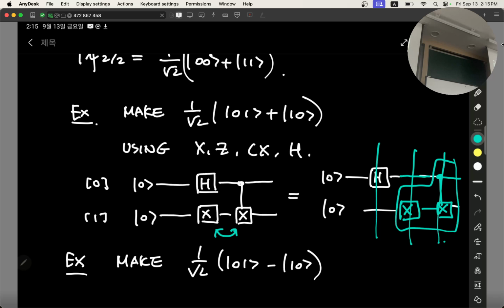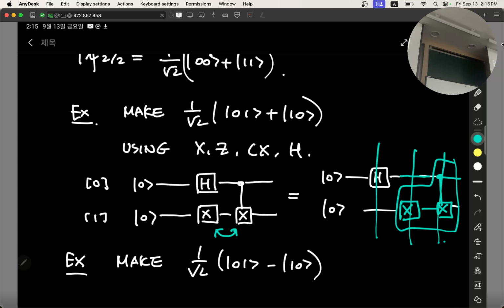X is applied on the target qubit. So target is a receiver. So it doesn't matter what the value is after the controlled gate. So I'm simply applying X twice or X alone. So there's no difference.